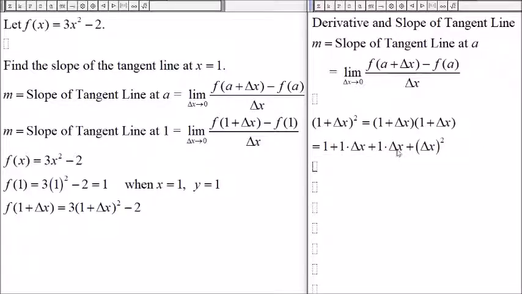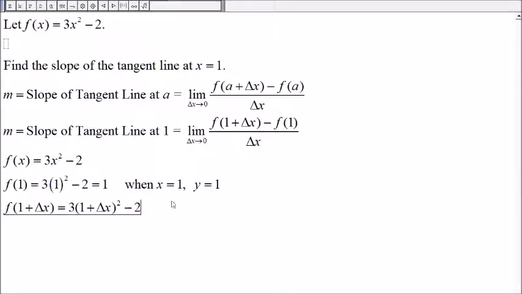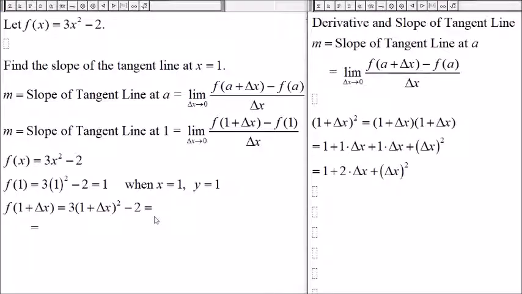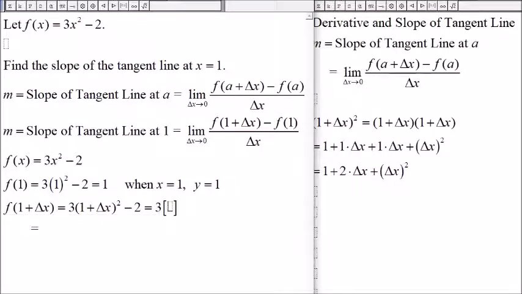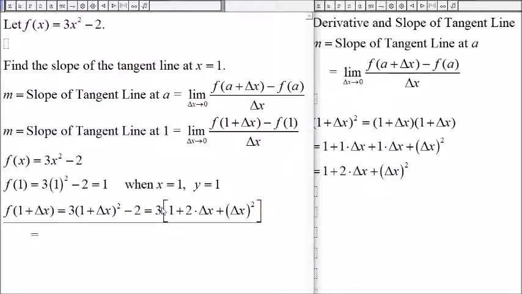These are like terms, and so we get 1 plus 2 times delta x, the 2 of them, and then plus delta x squared. And so now we replace 1 plus delta x squared with this, and then minus 2.